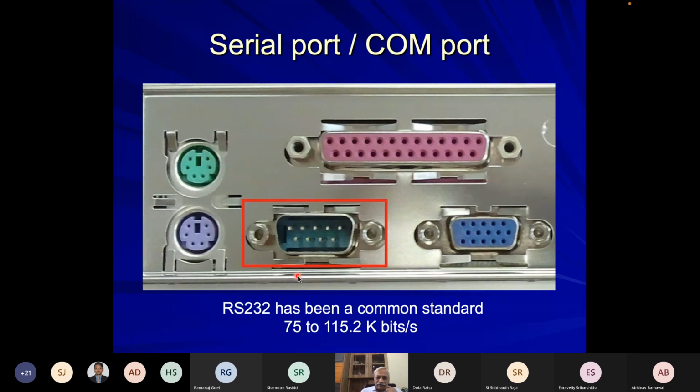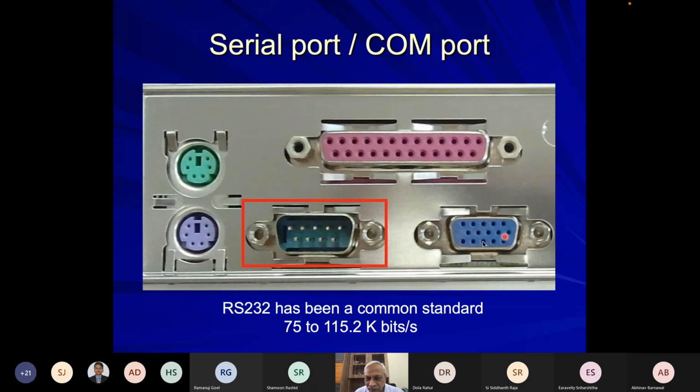An example of the third one is a serial port or COM port, which you might see on some systems. On the panel, you see connectors like this, there may be many connectors. Typically, this is a parallel port.